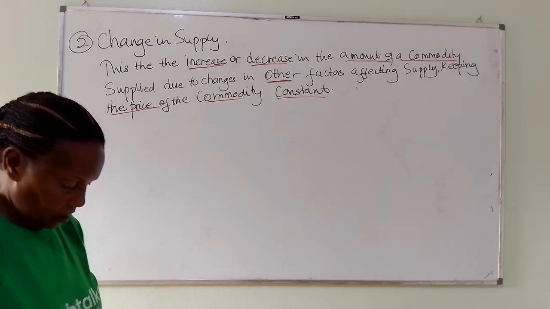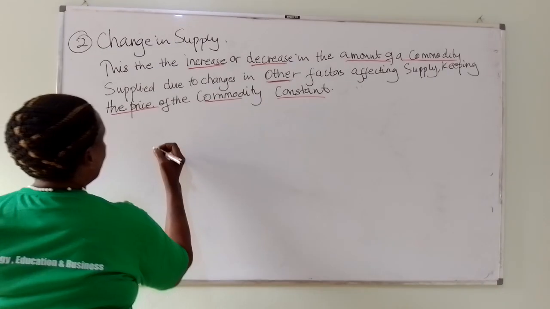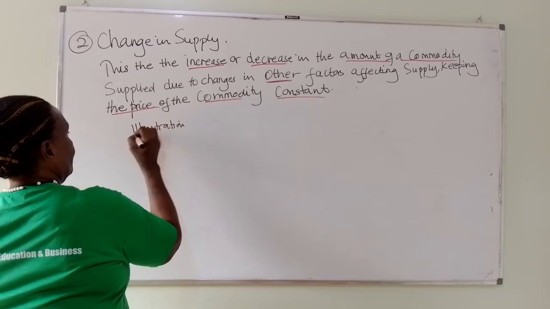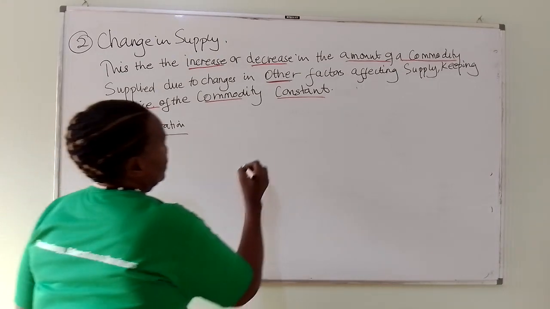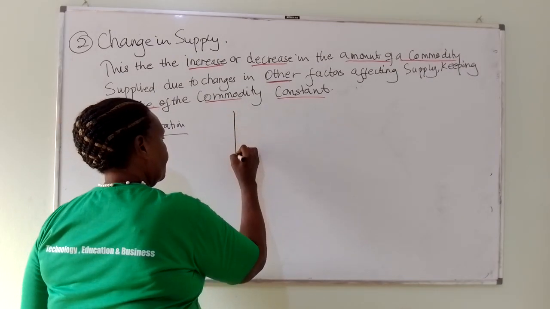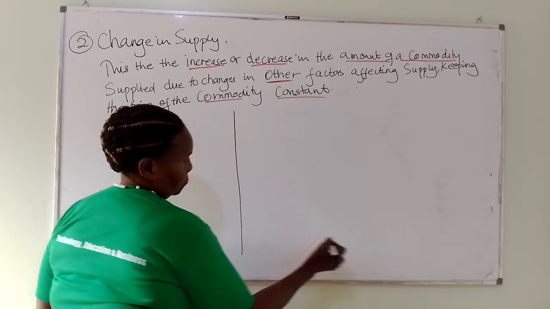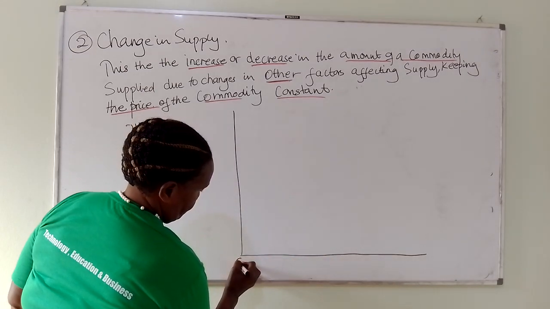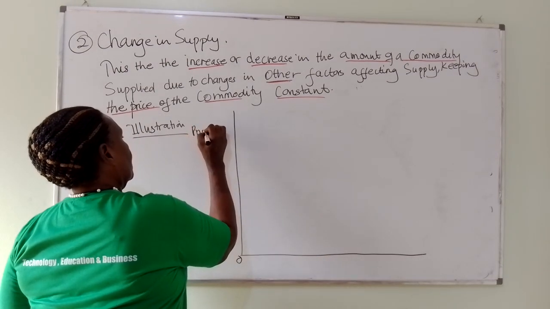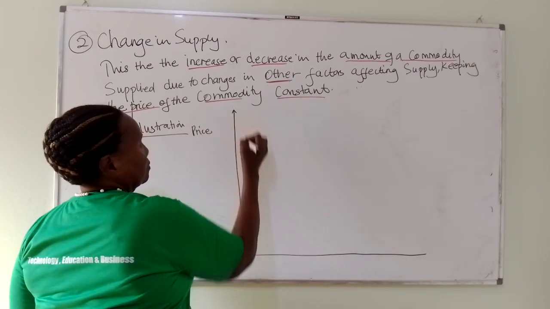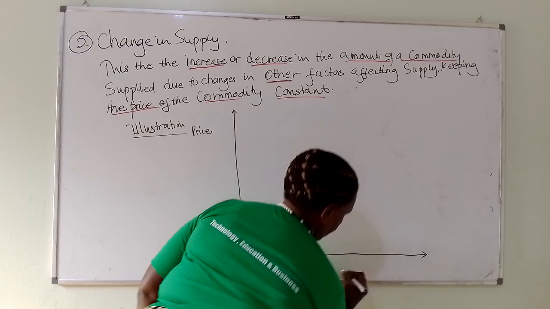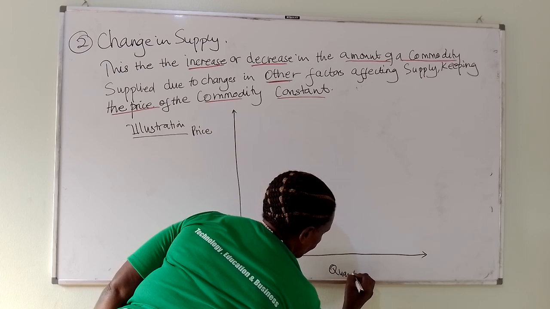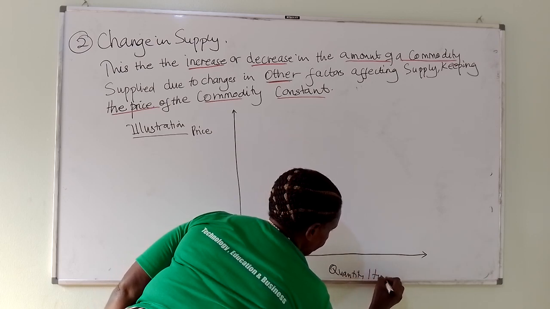And we can hammer this better when we use an illustration. We have our price axis, and we have our quantity supplied per time.